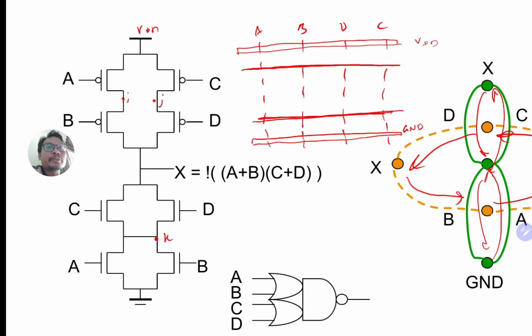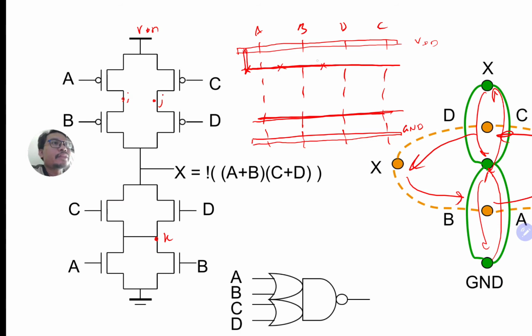Okay, so one side of A is connected to VDD, and let's connect this one to this one, so metal there. Okay, so A is connected to VDD, and then A is connected to B. It's automatic connection, so we have a shared diffusion here between A and B, and then B is also connected to X and D.